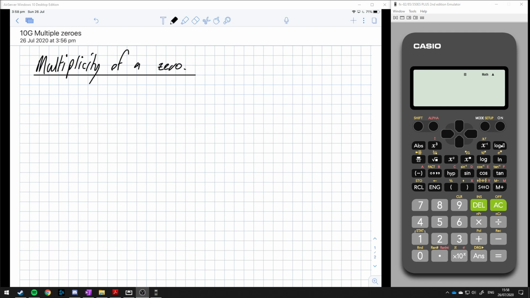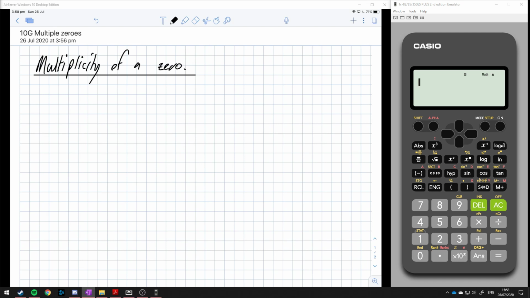Okay, multiple zeros. So let's start off by talking about the multiplicity of a zero. What this means is effectively that anytime you have a double up of a zero, or a triple or whatever, the multiplicity is just how many times it happens.